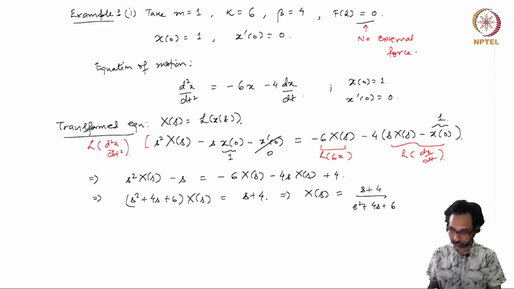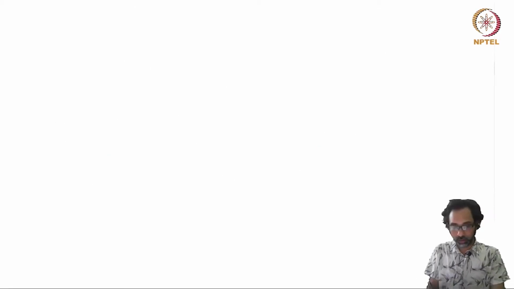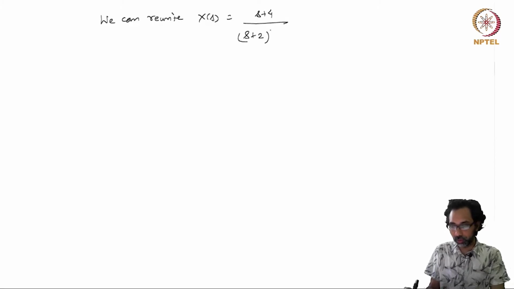So let's try to compute the inverse Laplace transform for capital X(s). Now we can rewrite X(s) as s plus 4 over (s plus 2) whole squared plus 2.